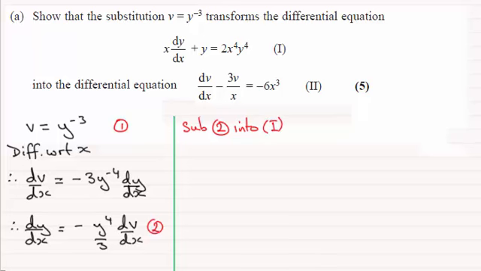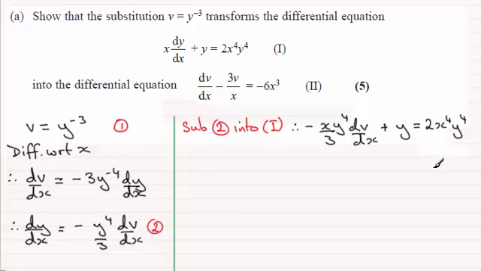Now, what's that going to give us? Well, we're therefore going to have x times dy by dx, so it'll be x times this, giving us minus x y to the power 4 over 3 times dv by dx. And then let's just leave the y's in, okay? We've got plus y equals 2x to the power 4, y to the power 4.